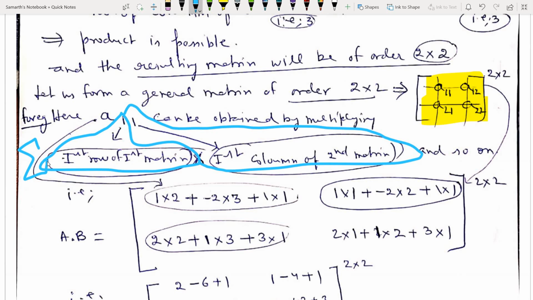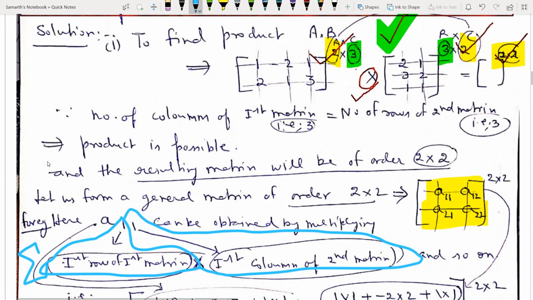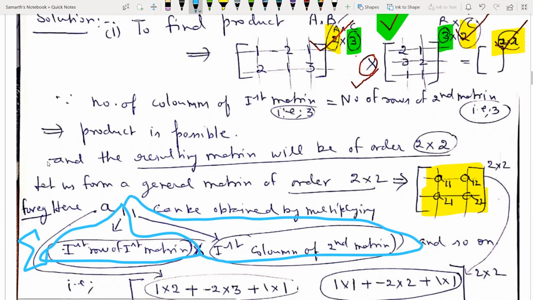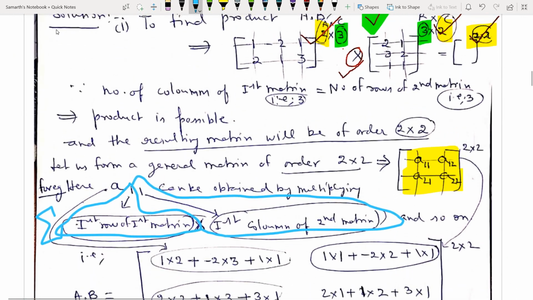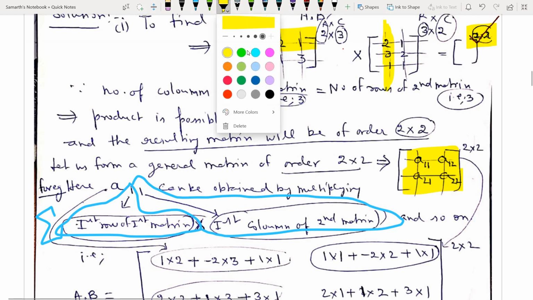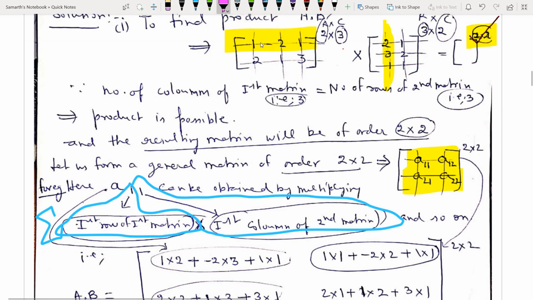For A11, the first row is 1, -2, 1, multiplied by the first column of the second matrix, 2, 3 and 1.